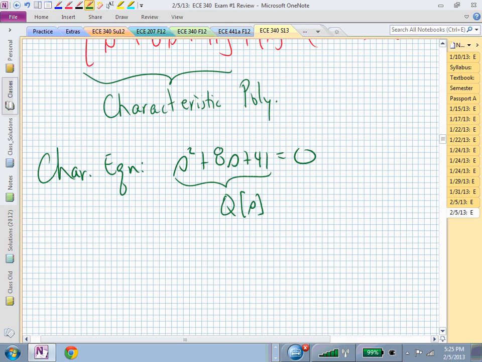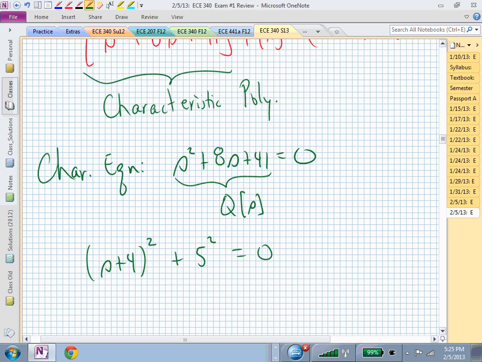In this case, though, what kind of roots do we have? If you look at this, you'll see that it's s squared plus 8s plus 16, and then 41 minus 16 is 25, which is a nice number. So this actually looks like that.